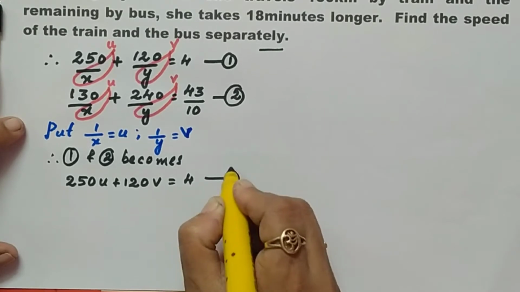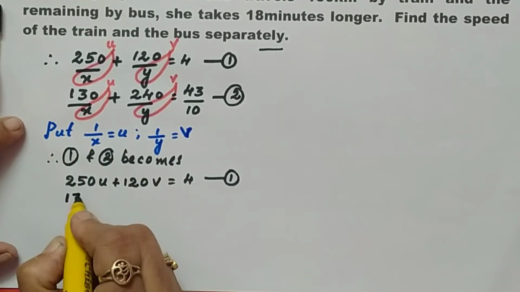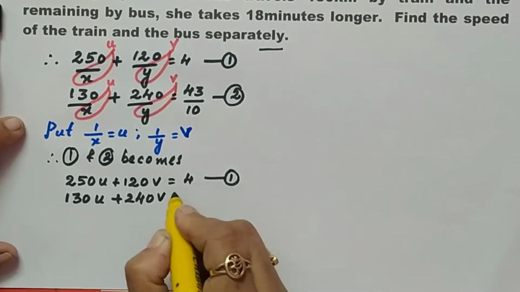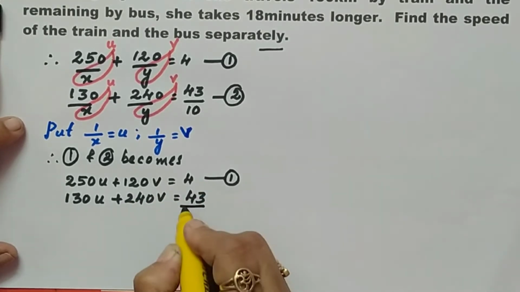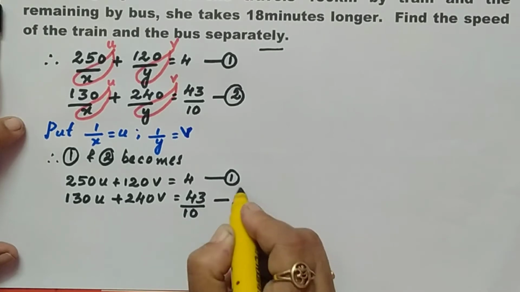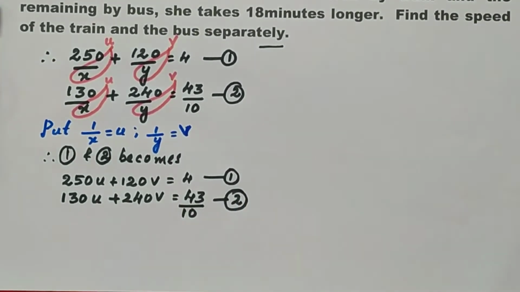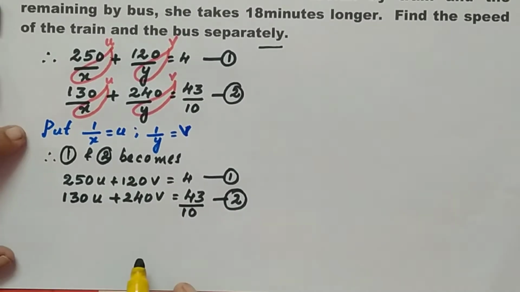This is your equation number 1. And 130u plus 240v equals 43 by 10. This is your equation number 2. So these are equations 1 and 2. Now I am going to solve these two equations.